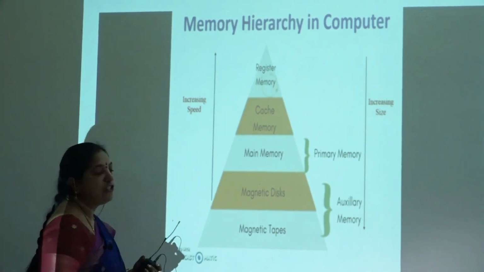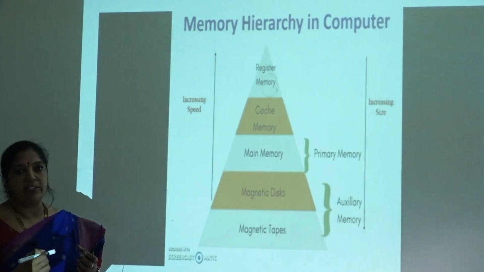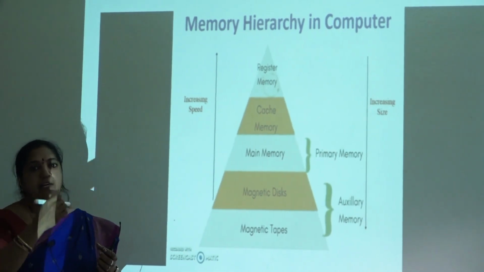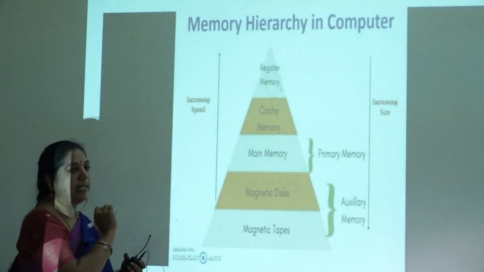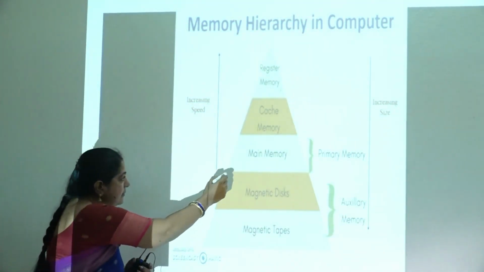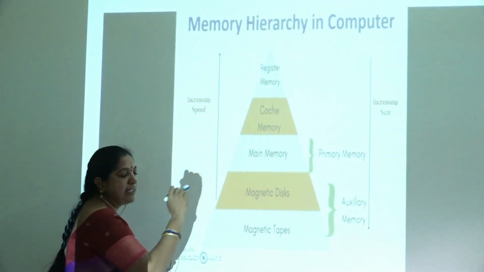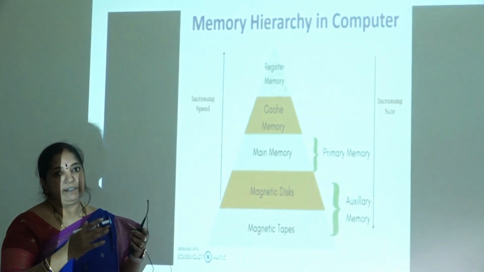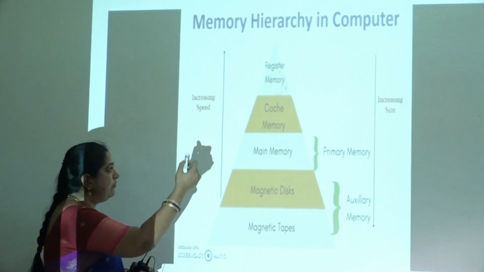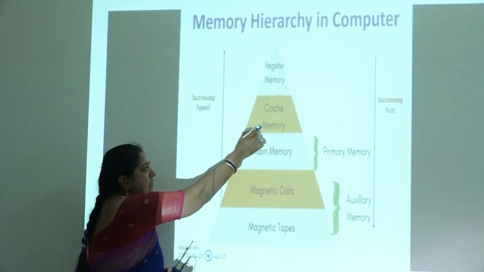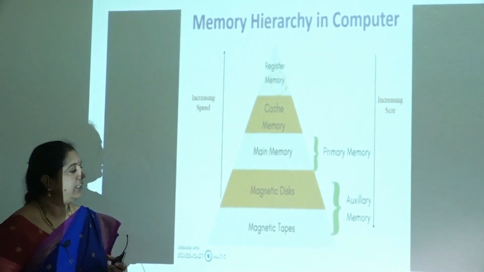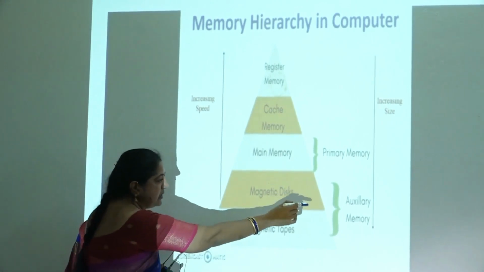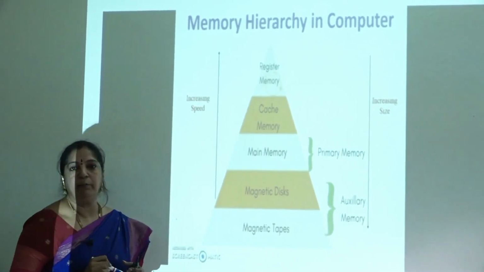Next comes cache memory, which after registers is very close to the processor. Then comes main memory, also known as primary memory. Though the processor can interact only with main memory, in between main memory and processor we have the cache memory also. And then comes auxiliary memory or secondary memory.